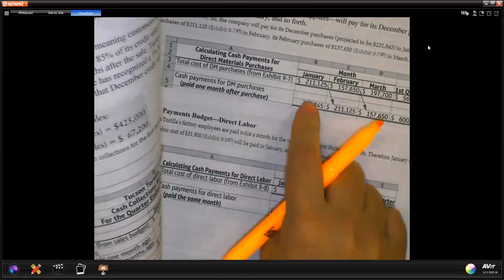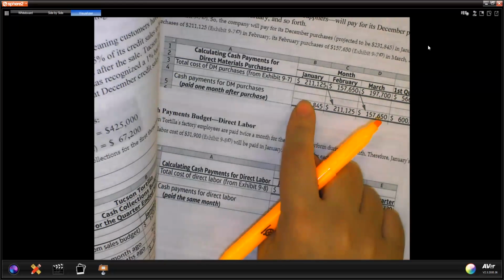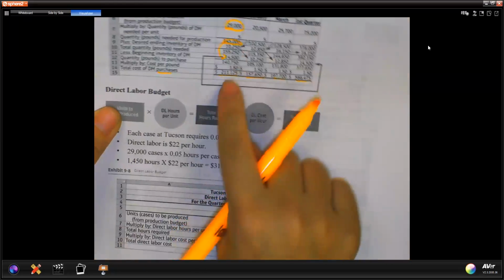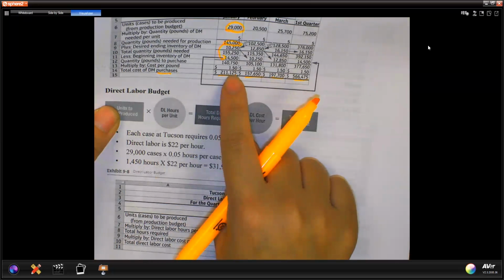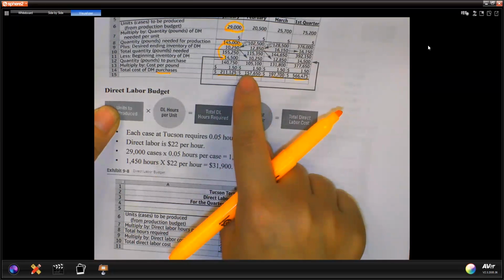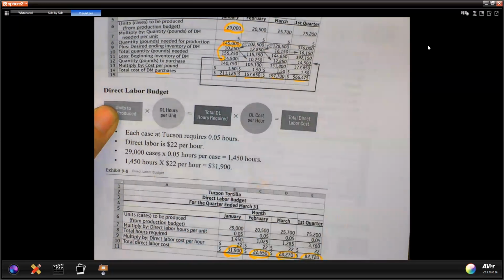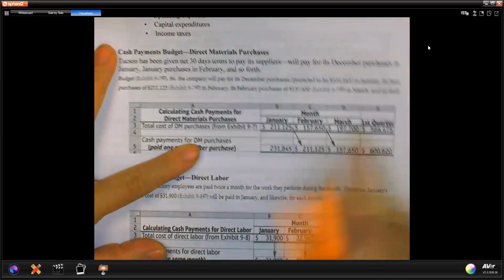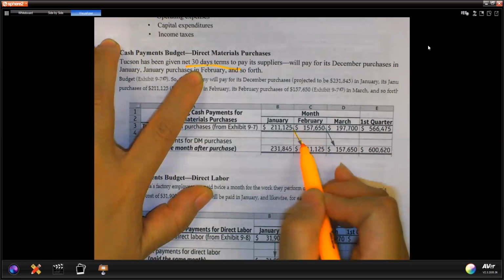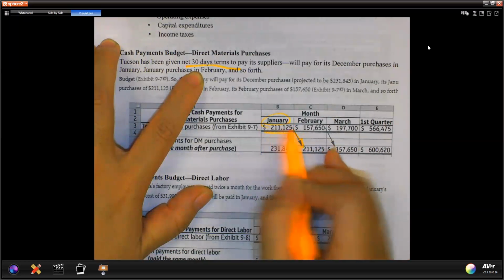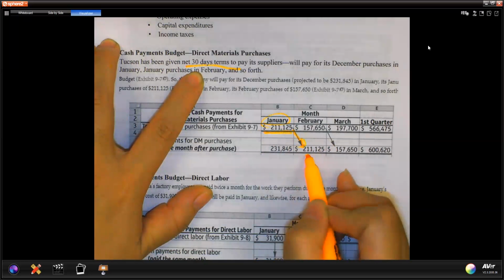And remember for the direct material, we estimate that January you will have direct material cost $211,125. February it will be $157,650. But we said for direct material, we also give 30 days to pay. So we purchase it in January. We need to spend the money, but we don't make a payment until February.